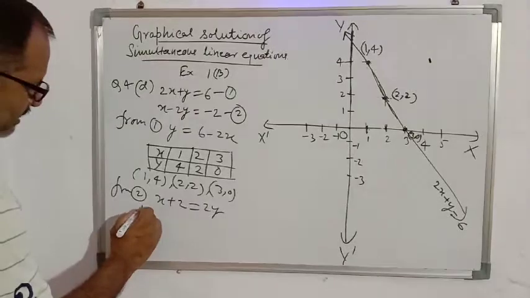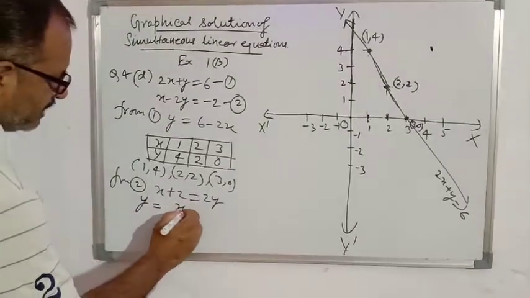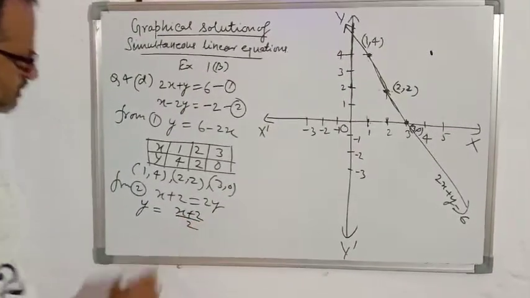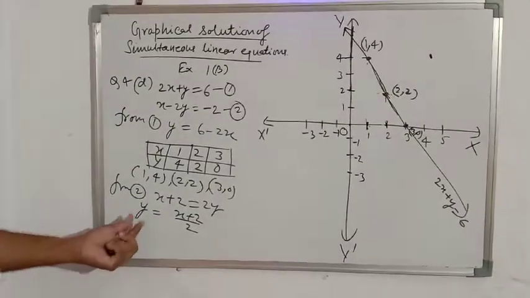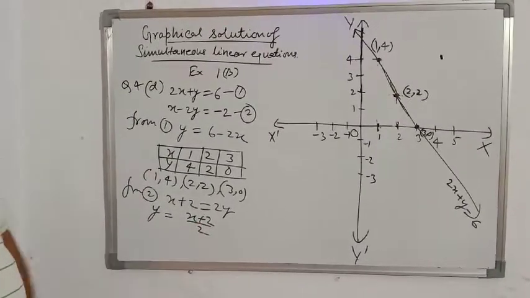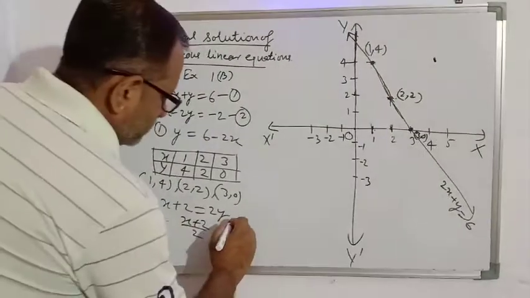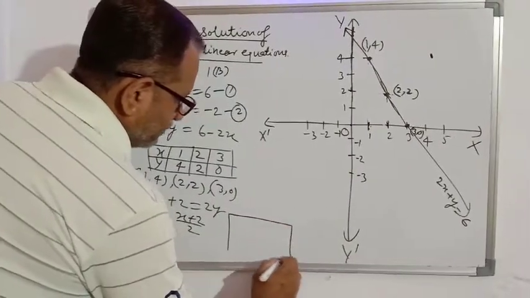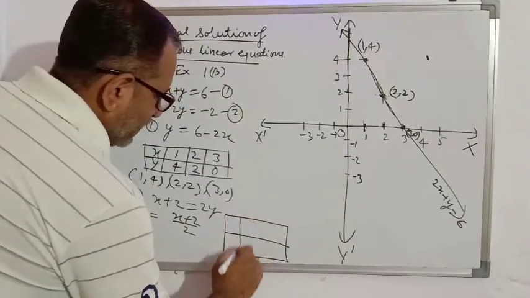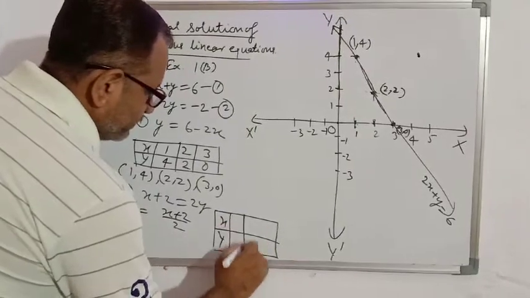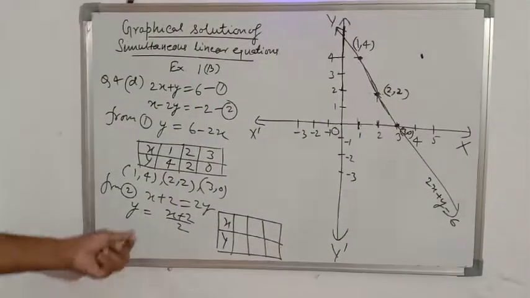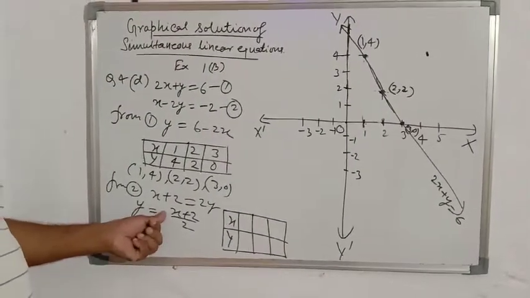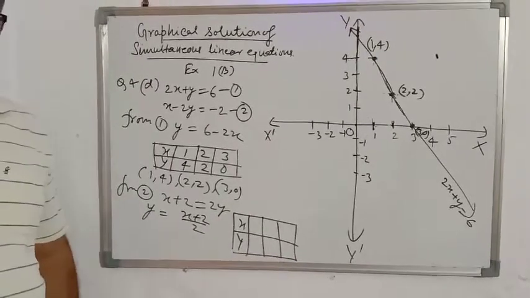So y will be x plus 2 upon 2. So we have expressed y in terms of x. Again make a table for x and y. We again take three values of x and find the corresponding three values of y.